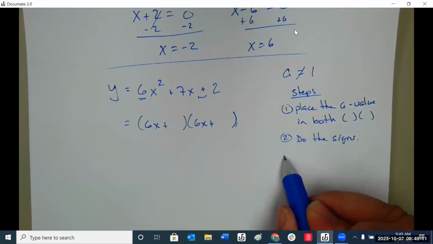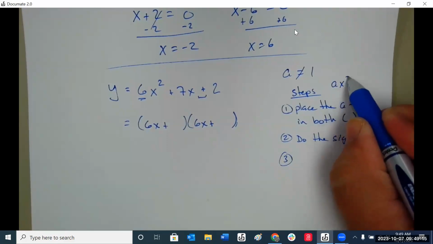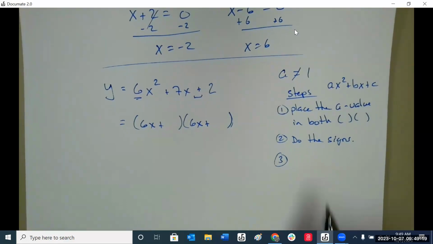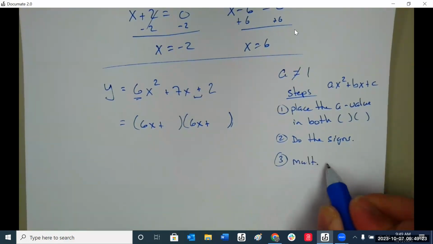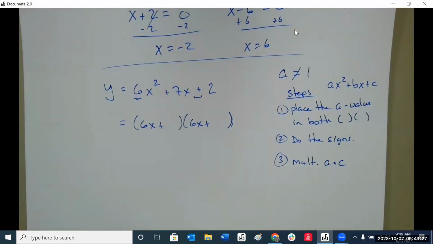Now, here's the tricky part. Remember, our equation looks like this. Multiply a times c. The first times the last number.